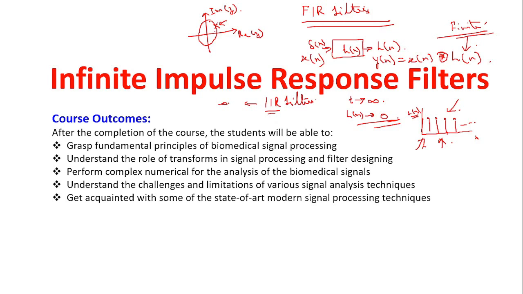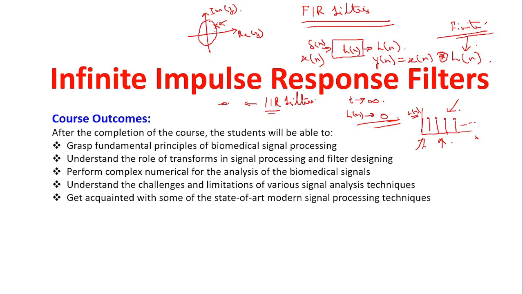So when you are talking about placing your poles at any of the locations, basically what we are doing, we are increasing our responsibility, and when we are increasing our responsibility, we have to be very careful so that all the poles lie within the unit circle.